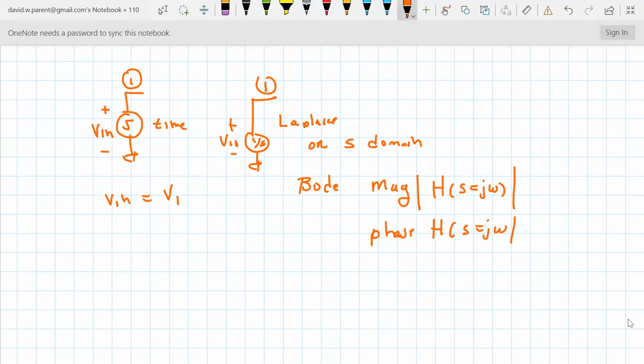Remembering that s is a complex quantity where you have the imaginary and the real, and s can be anywhere in here. If you think about it, the Bode plot is the s-plane, but just along that axis, and this would be the minus and the plus, but we only do the positive axis. All right, if that helps.